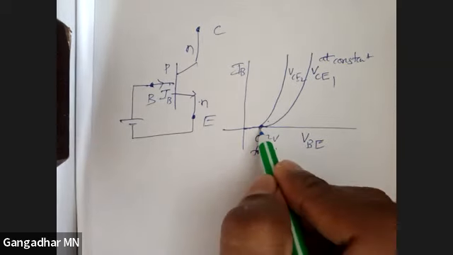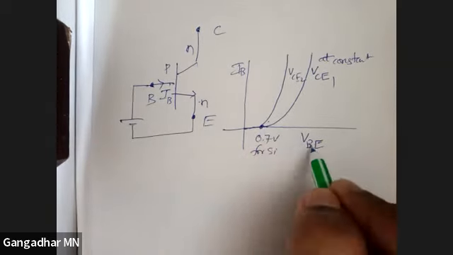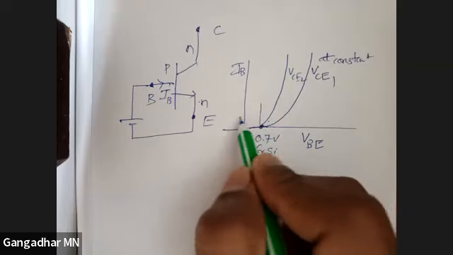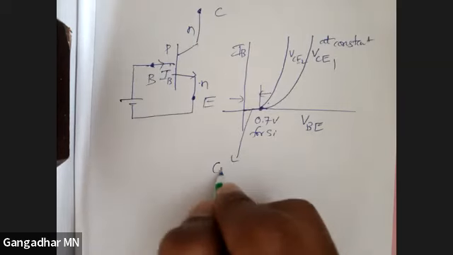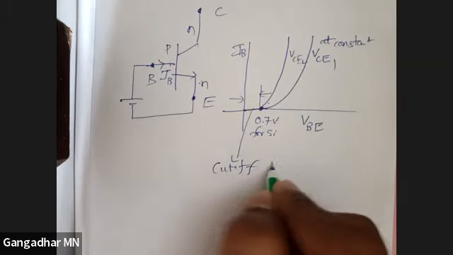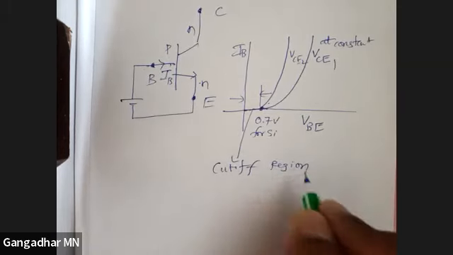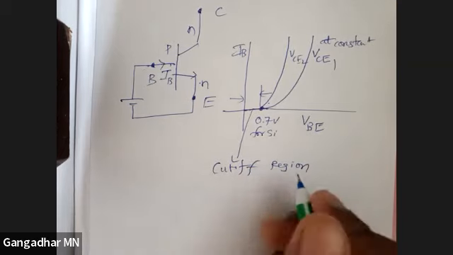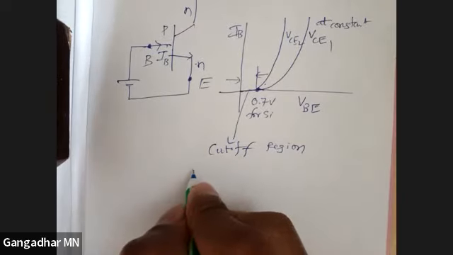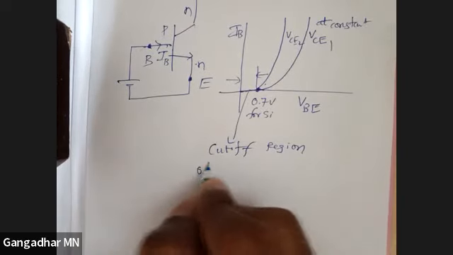So you can mark that the region where VBE is less than 0.7 is your cutoff region. Cutoff region, meaning the transistor simply doesn't conduct any current. So it can be treated as an off switch.